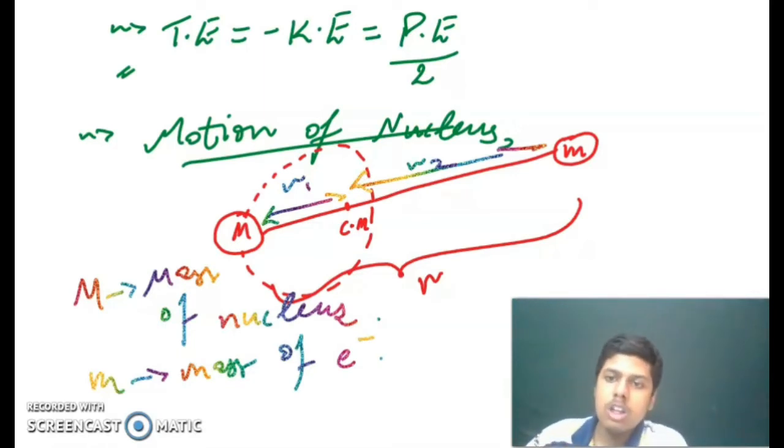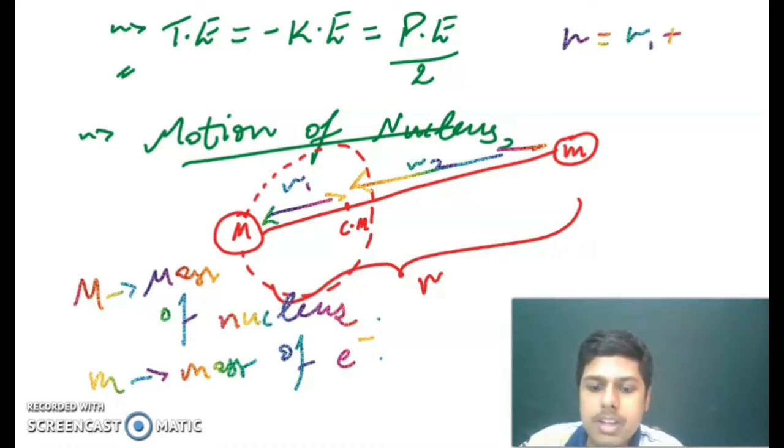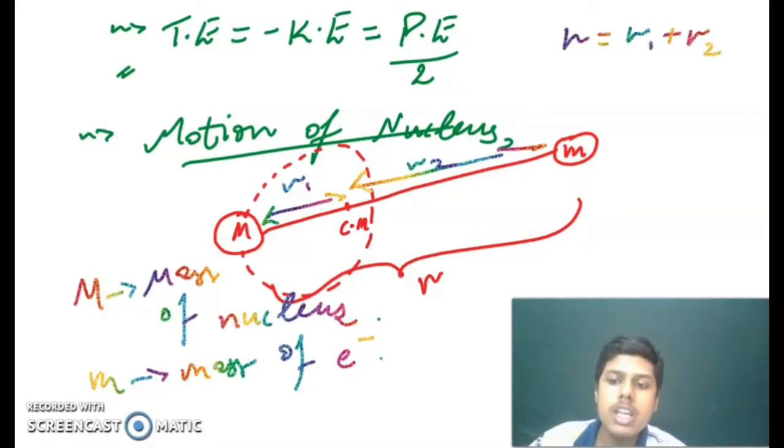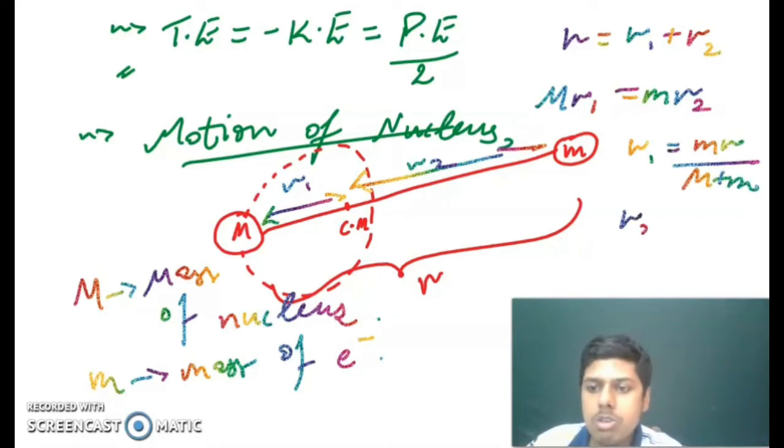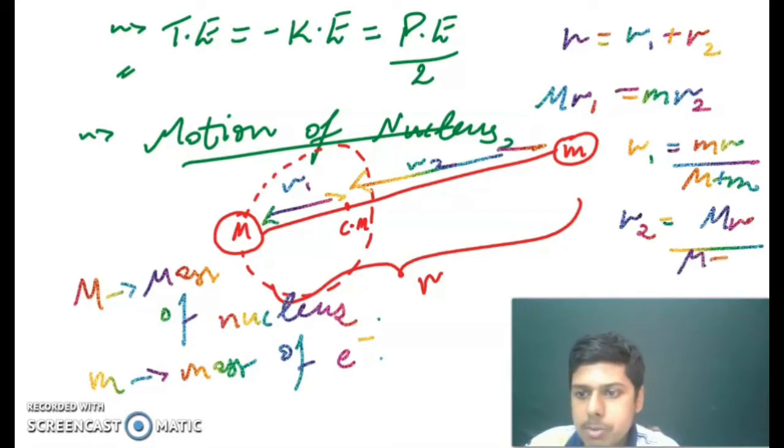Now, as you can see that small r is equal to r1 plus r2, and also in chapter center of mass you must have heard capital M r1 is equal to small m into r2. So similarly we can write r1 to be equal to mr divided by capital M plus small m, while r2 can be capital M into r divided by capital M plus small m.